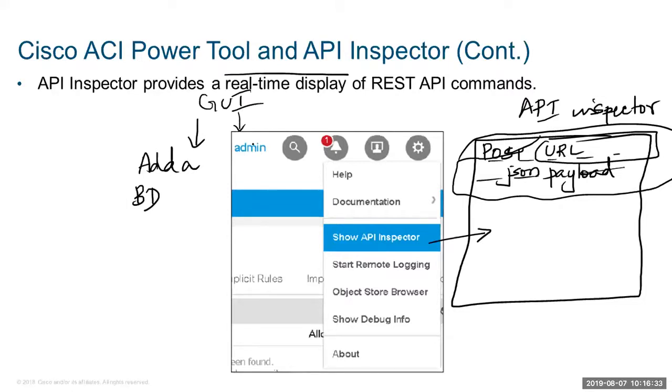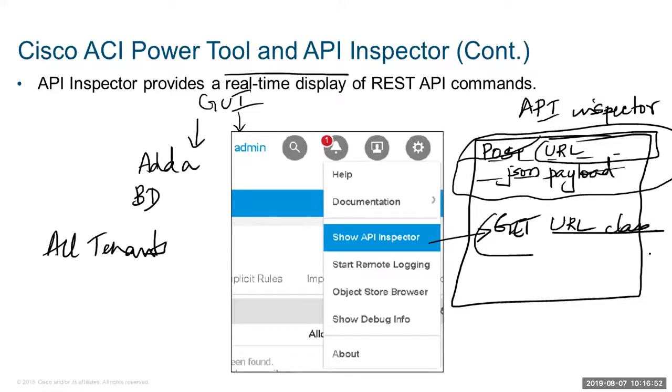If I click on the All Tenants button in the GUI, say once I add, I click Finish, and I click on All Tenants, it would immediately do a GET, and then the class called tenant. The URL will show me fvTenant is the class, so I can copy this and put it into a script, which I can double click the next time around.